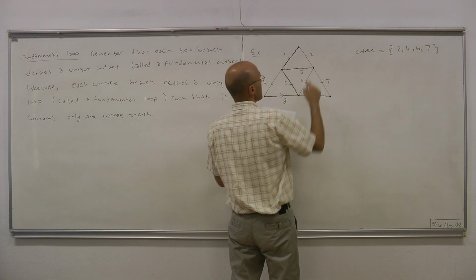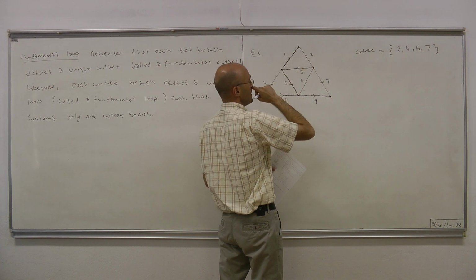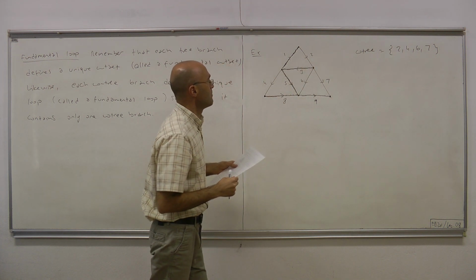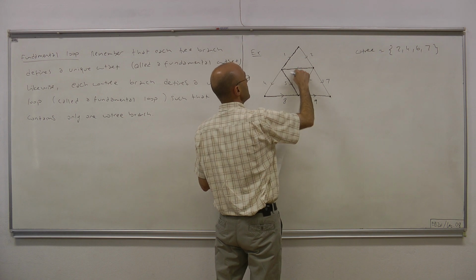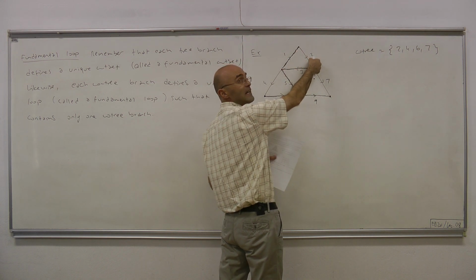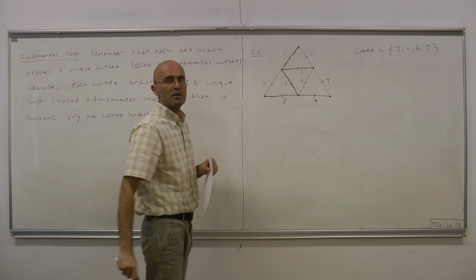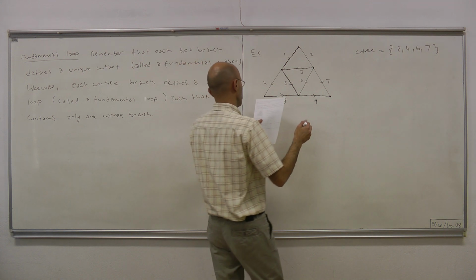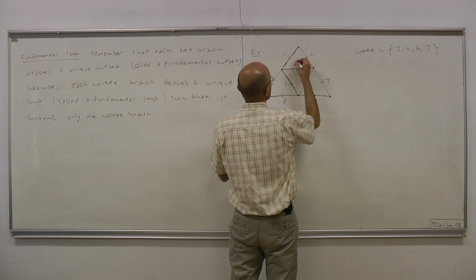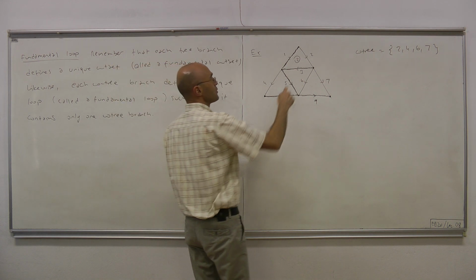So here we have a cotree branch, and this cotree branch defines the following fundamental loop: 2, 3, and 1. So they make a loop, and that loop is such that only 2 is a cotree branch; 1 and 3 are tree branches. Therefore, it must be a fundamental loop, defined by the cotree branch 2.